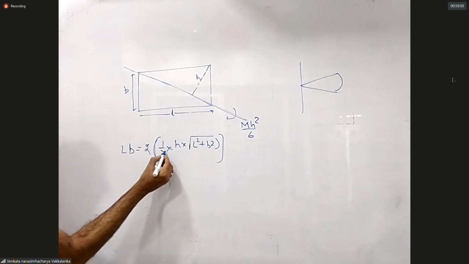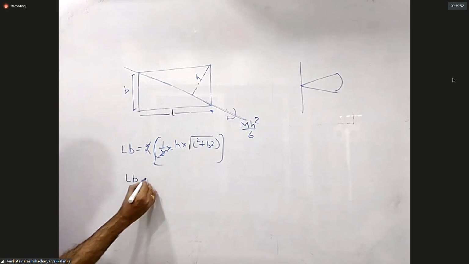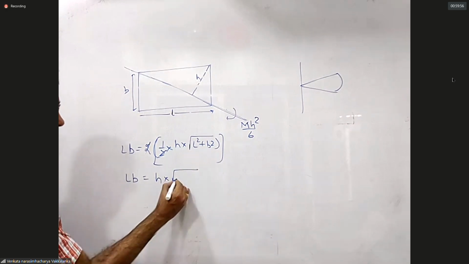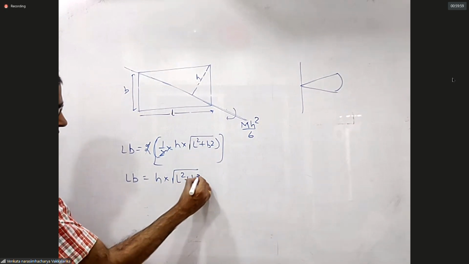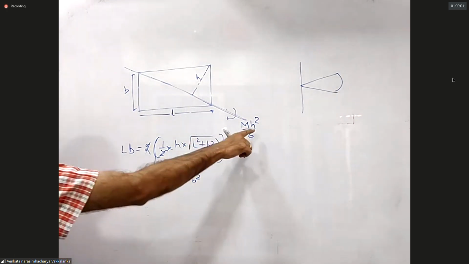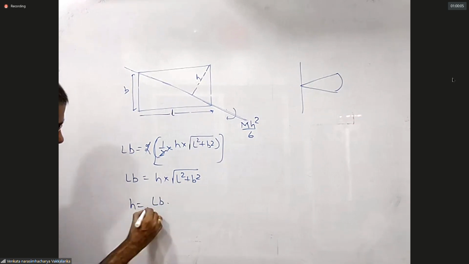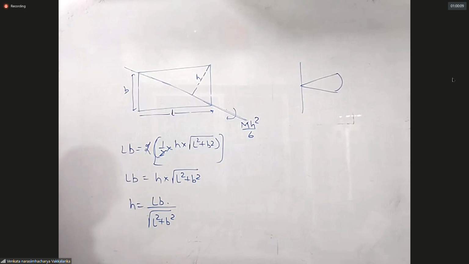Yes. 2 will go. LB is equal to h into root over of L square plus B square. What are you calculating? Value of h. h will be LB divided by root over of L square plus B square.